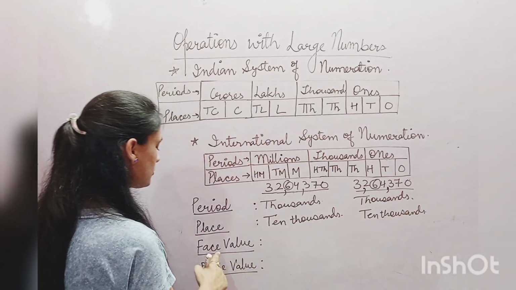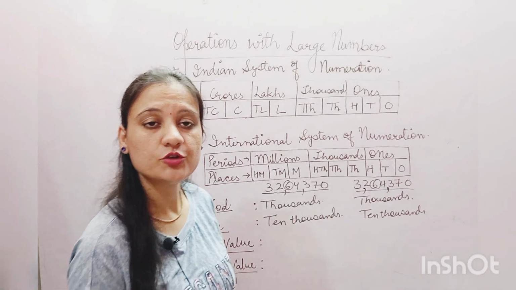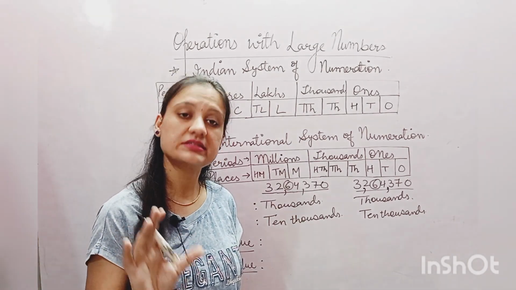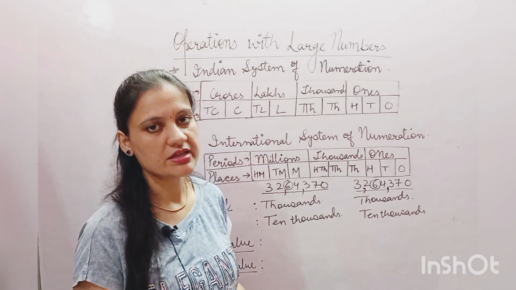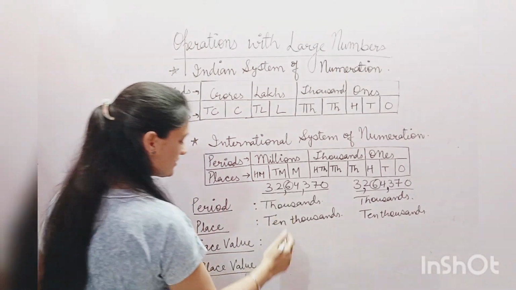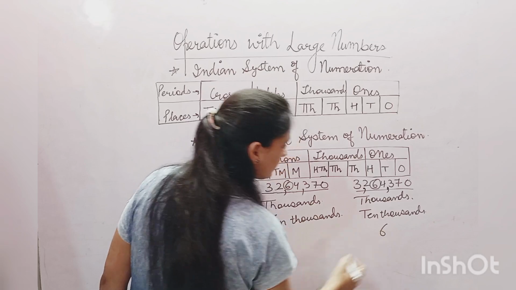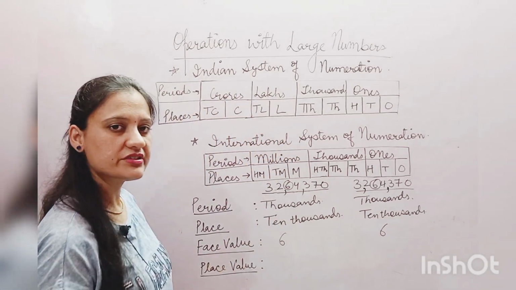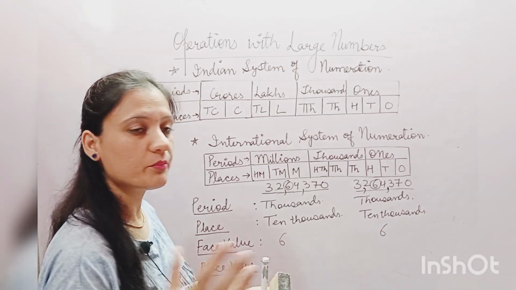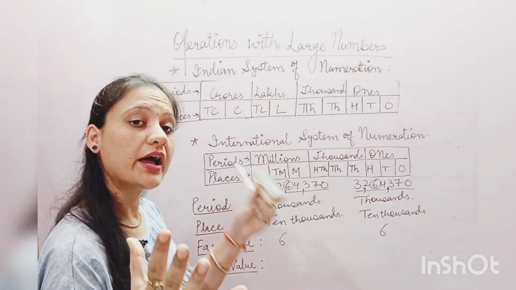Right? Next they ask you what is the face value. Face value of all the digits remains the same. That is the face value of 4 remains 4, 3 remains 3, 7 remains 7 and 6 remains 6 in both the cases. Clear? Next is place value. Children, always remember place value is the combination of a face value and the place.